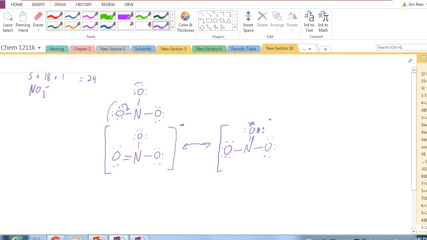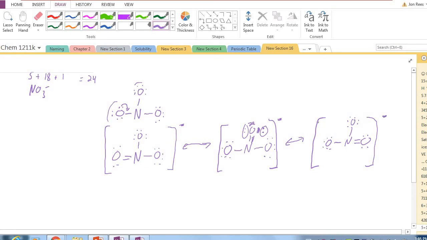So I also have this as a valid resonance structure where the double bond comes up to this middle oxygen. I have a lone pair there and I have a lone pair there. And then we've got one more resonance structure that we can look at right here. And so I have an oxygen, nitrogen, oxygen, but this time the double bond will be on that right oxygen, and have those 2 lone pairs with 3 lone pairs around the other oxygens. Okay, so I have 3 resonance structures here.